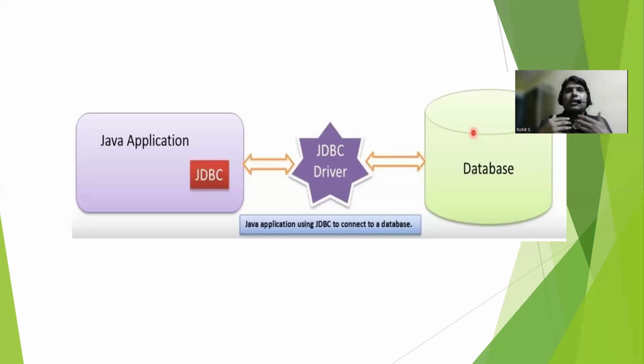You can insert data. You can get the data back. The result set classes are available so that we can put up our data. Not only that, there are multiple other things available as well, like if you want to update the table data, or delete a certain kind of data as well. So all these operations are possible.